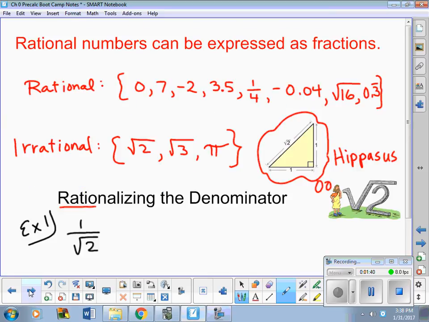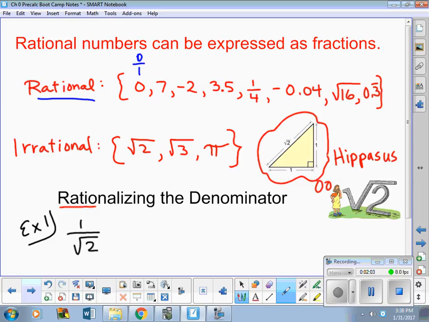Moving on to the next topic, rational numbers. The definition of that is basically any number that can be expressed as a fraction. Examples of rational numbers are 0. 0 can be expressed as a fraction, 0 over 1. 7 can be expressed as a fraction, -2, decimals, and so on.